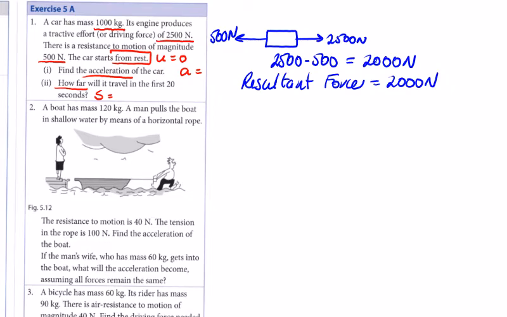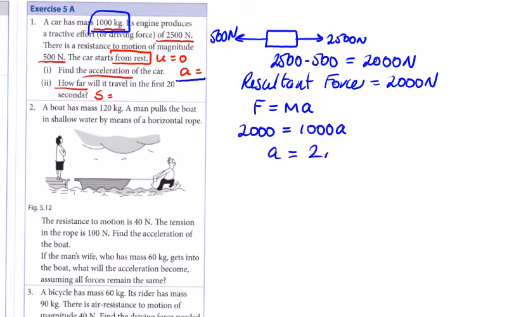And we know that force is equal to ma. So this F is equal to ma, my 2,000. I need either mass or acceleration. We're looking for acceleration, so the mass here is 1,000. So 1,000a. So a in this case is 2 ms to the minus 2.